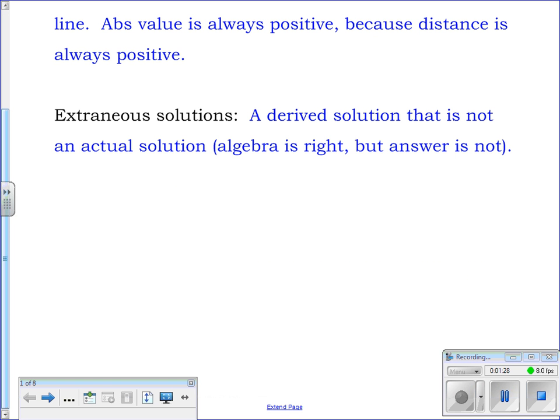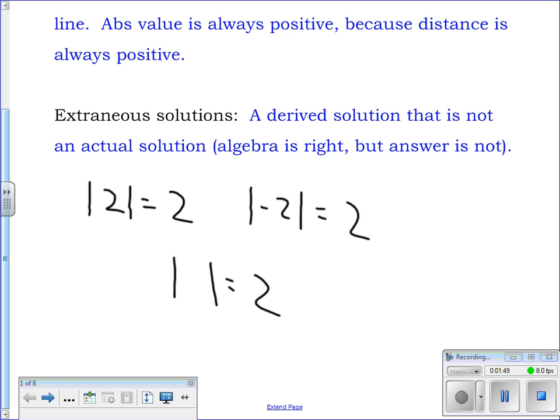Now, when you're doing absolute value problems, there's something you need to keep in mind as we start this out. So if I have the absolute value of 2, what is that? 2. If I have the absolute value of -2, it's 2. So if I have the absolute value of something equaling 2, what is that something? 2 or -2.